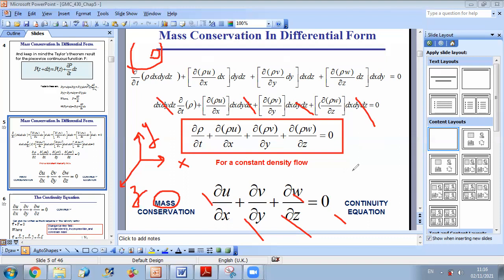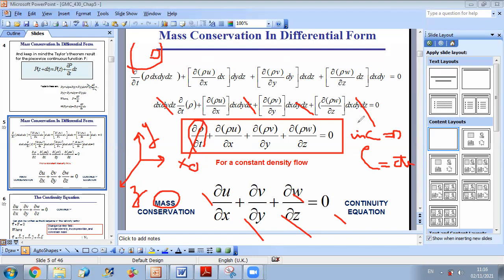Okay? Now, this is valid for compressible and incompressible flows. Now, what will happen if the flow is incompressible? When we say incompressible flow, this means that rho is constant. Okay? And if rho is constant, then del rho by del t will cancel out.